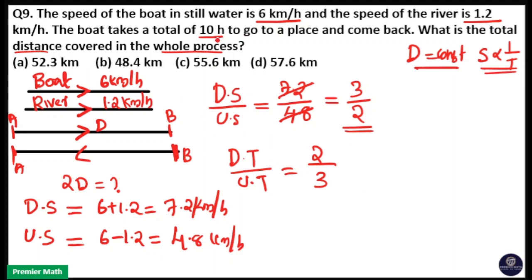In the question, you can see the total time taken for the whole journey is 10 hours, that is from A to B and B to A. In the time ratio 2 by 3, the total time is 2 part plus 3 part, which is 5 parts. In the question, the actual total time is 10 hours.